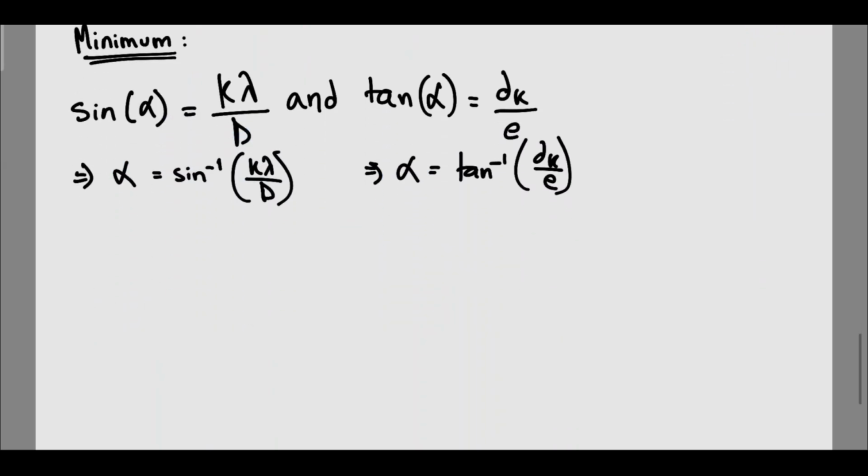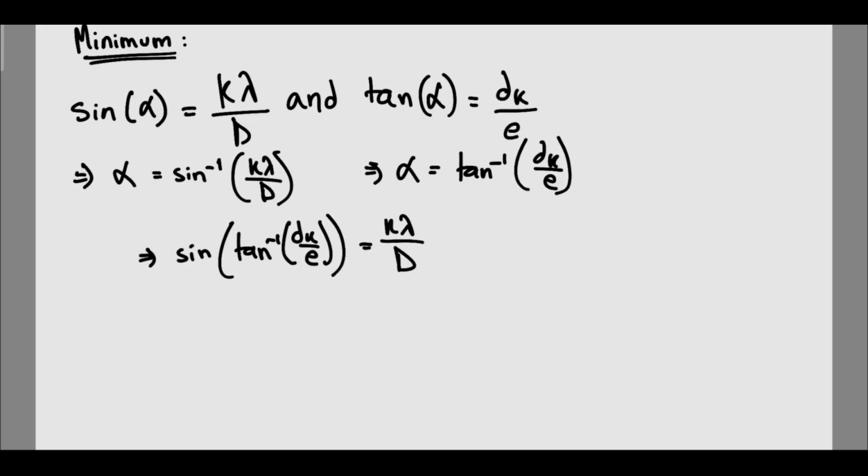I will, in this case, place the alpha from the tan into the sine. So I have sine of tan inverse of dk divided by e is equal to k lambda divided by d. And here you have a very nice relationship, which we can keep in mind for the single-slit diffraction.